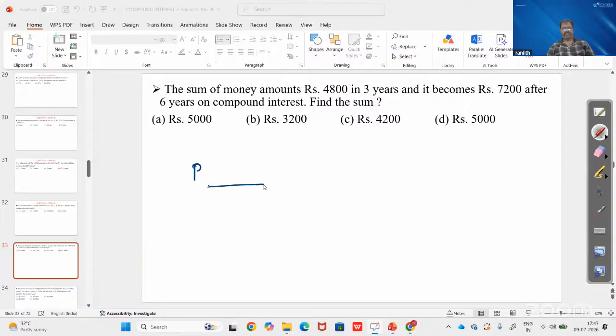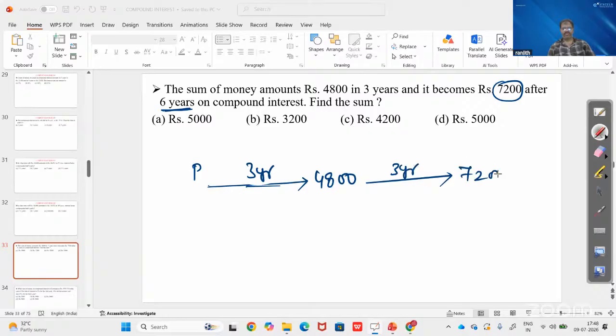So it is becoming 4800 in how many years? 3 years. And again 7,200 after 6 years. Already 3 years is completed. Next 3 years it will become 7,200.